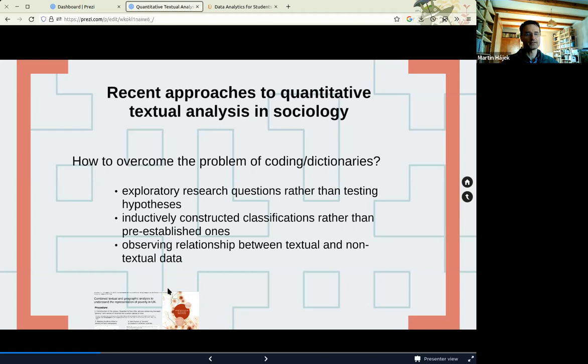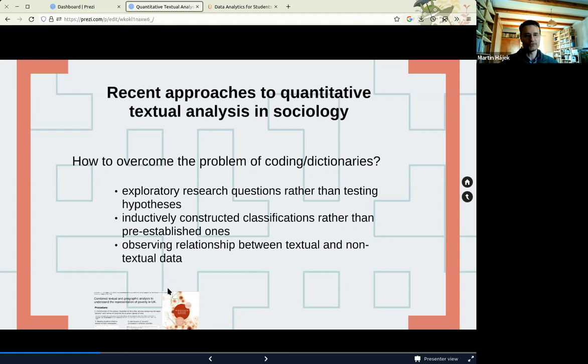But the easiest example is to observe, for example, the number of people infected by coronavirus and the number of newspaper articles mentioning coronavirus. And you can see if the number of infected is reflected in newspapers, and how it is reflected.